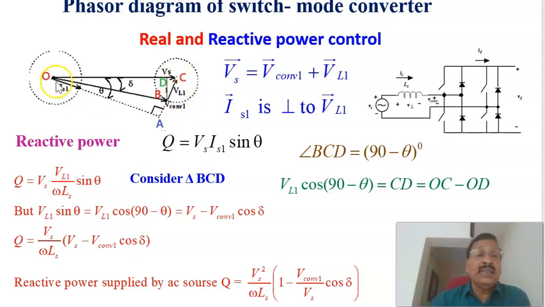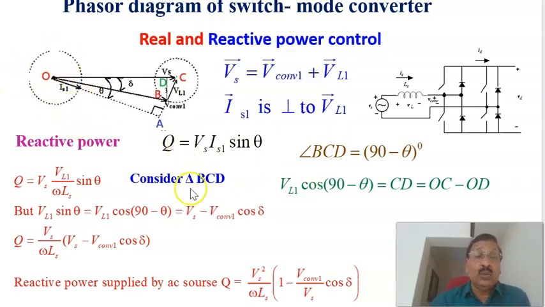You know that the current through the inductor is at 90 degrees with respect to VL1. That is why, as V converter 1 rotates in a circle, VL1 also rotates, and that automatically rotates the vector IS1. The fundamental component of the source current changes in a circular fashion.